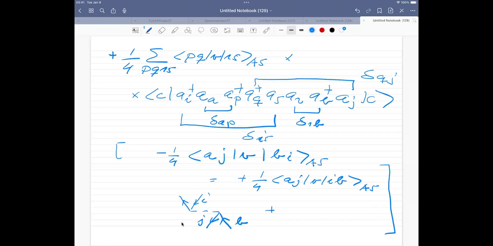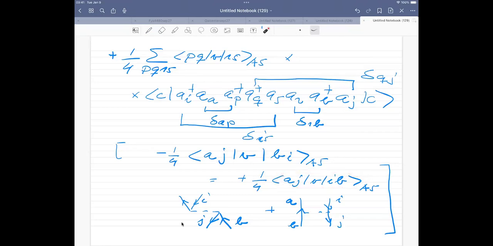And then when we open it up, we would have a diagram which looks like this for the exchange term. So this will be an I, this will be a J, this is our B, and this is the A here. So these are the two contributions. One is a direct and the other is the exchange one. But just pay attention now to that I actually interchanged I and B here.